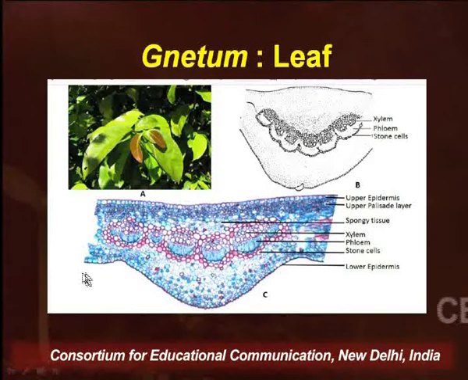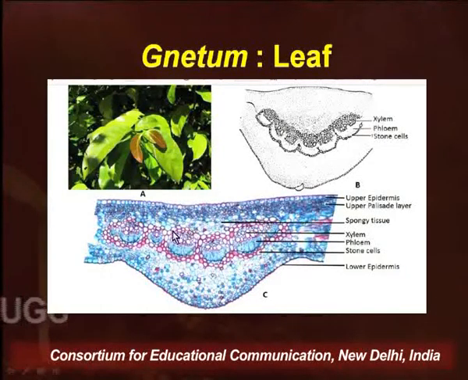Towards the lower side, the epidermis is interrupted because of the presence of stomata, and on the lower side we also encounter stone cells just below these vascular bundles. These vascular bundles, which are arranged in a curved manner, very prominent here in this diagram, have xylem towards the upper epidermis.